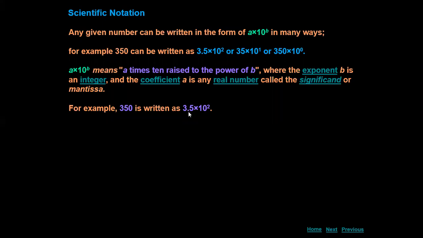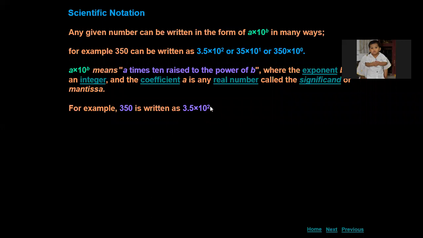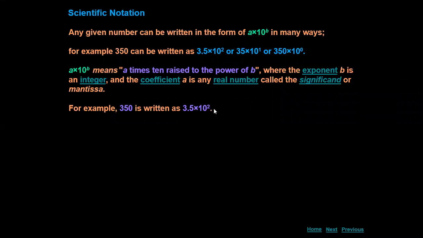Suppose we write a result after placing the decimal after one digit, then 10 power 0 should not be there. So we don't need to write that. It is 3.5 only at that time.